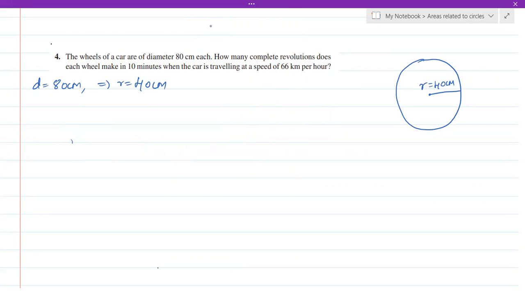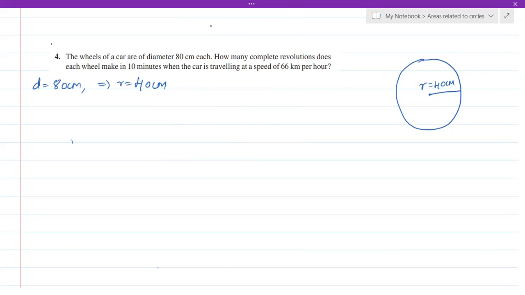Now, remember, in 10 minutes, let's find the distance traveled by the car, or the distance covered by the wheel. Covered by the car in the sense covered by the wheel. Why should we find the distance?